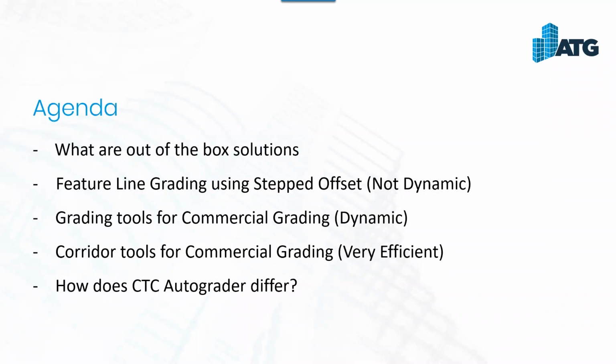So today's agenda: what we're going to be looking at are some out-of-the-box solutions that Autodesk provides through Civil 3D. When we're going through our commercial grading, a lot of times we will start off with either our top of curb or a flow line of our curb.